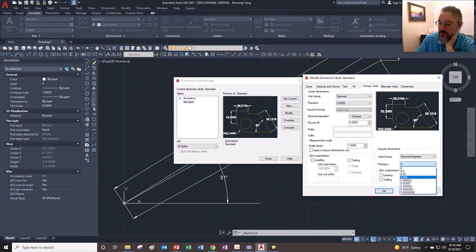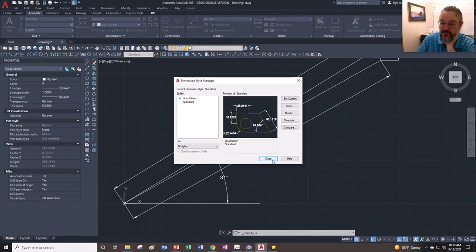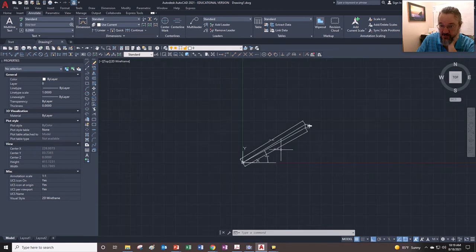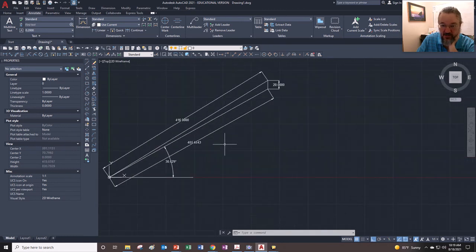Give a couple decimal places onto degrees. 30.629, so we got 30.63. Yep, that confirms it.